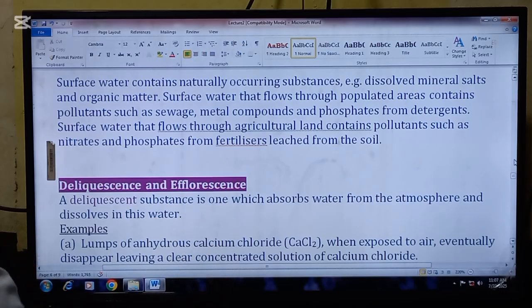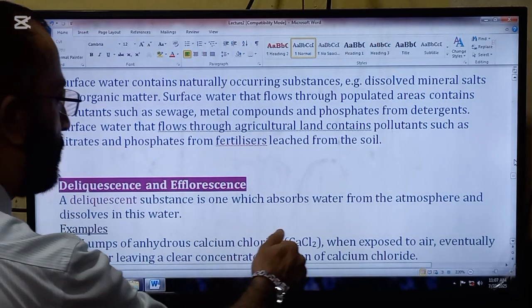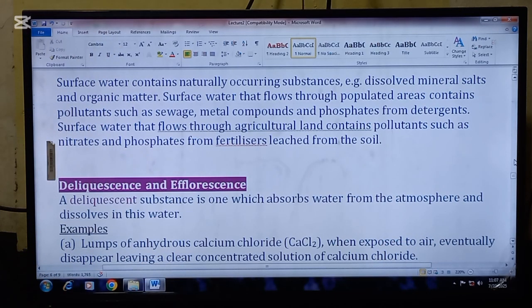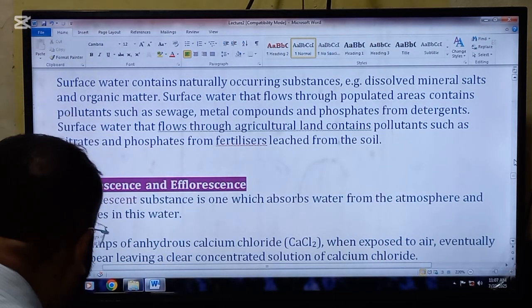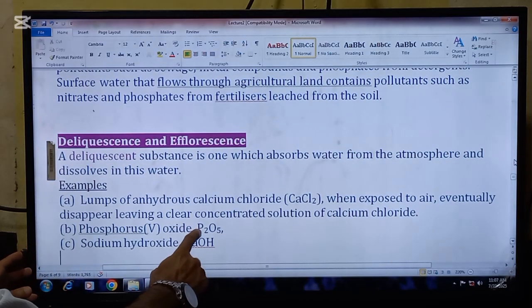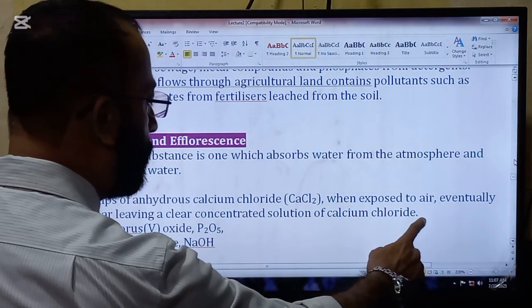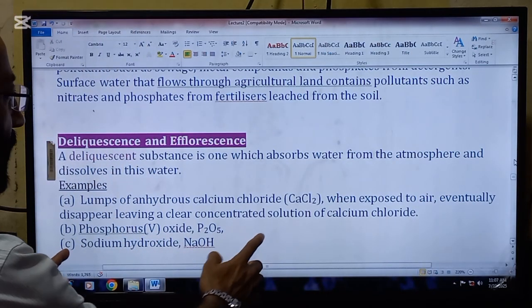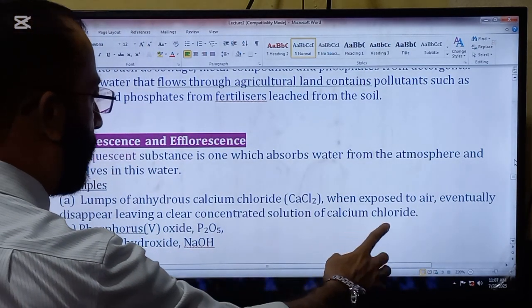The next terms that we are going to read are deliquescence and efflorescence. A deliquescent substance is one which absorbs water from the atmosphere and dissolves in this water. An example: a lump of anhydrous calcium chloride, when exposed to air, eventually disappears, leaving a clear concentrated solution of calcium chloride.